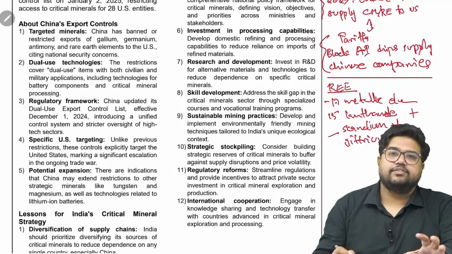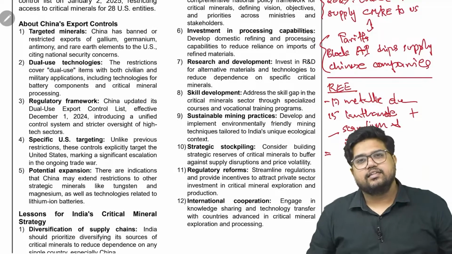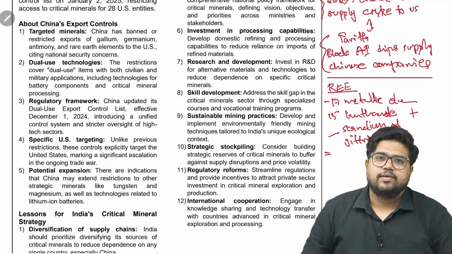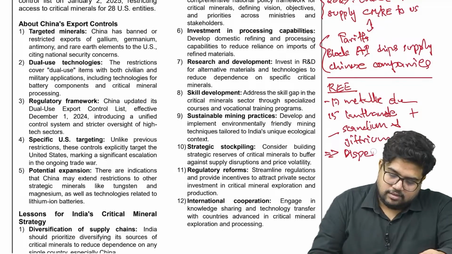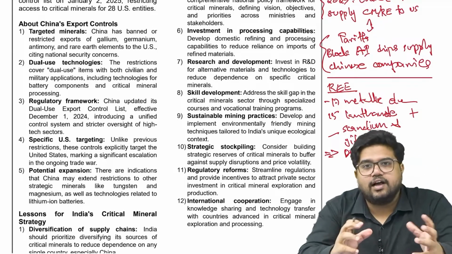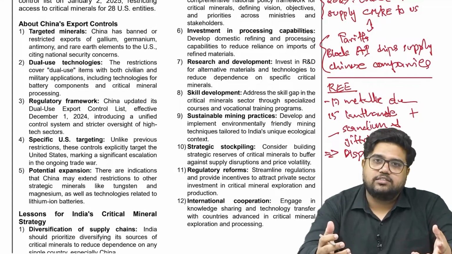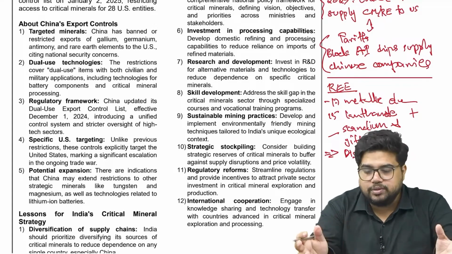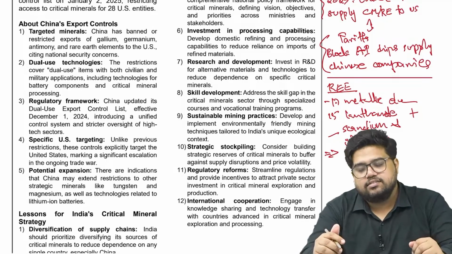These are the exact definition of rare earth elements. The problem with these rare earth elements is not just that they are rare, the problem is they are dispersed. So the availability is not in enough concentration so that we can process them, and mining cannot be done economically.